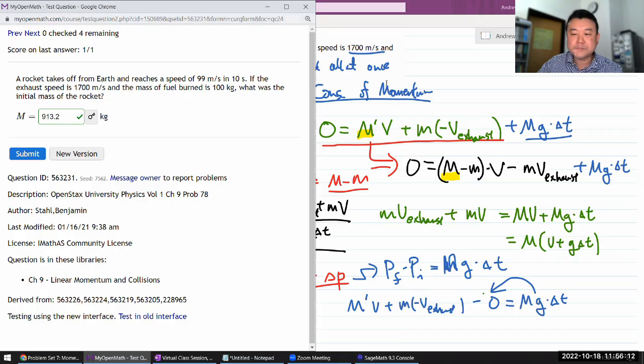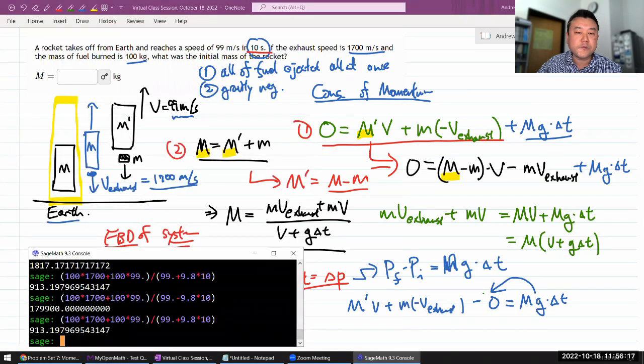So I thought when I have this influence added, that should make the initial mass of the rocket larger. That's what I intuitively thought, and I think that intuition is wrong, because it comes down to the amount of fuel burned should be a greater portion of the rocket if there's something pulling the thing down. So to make this 100 kilogram greater portion is to make the initial mass of the rocket smaller.